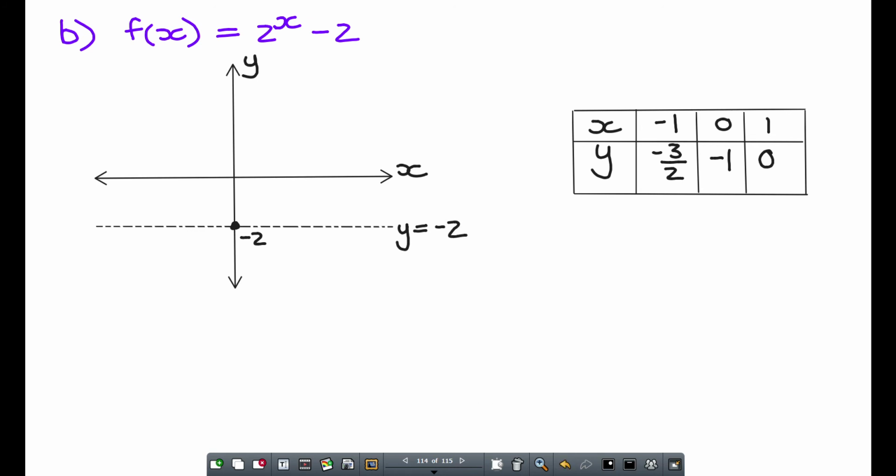Okay. Now, my graph is then going to look like this. Okay. So at minus 1, it would be minus 3 over 2. Dan as x 0 is y minus 1. Of daar lyk nie mooi nie.